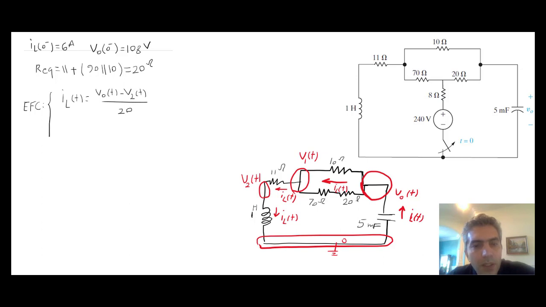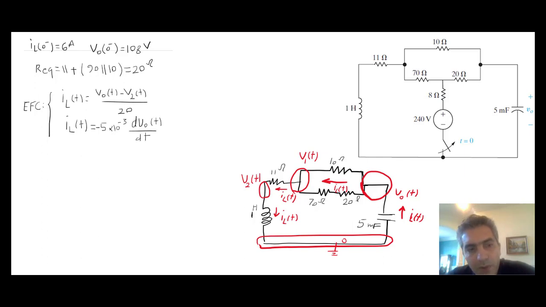For the capacitor, ILT, it's called IL, but that's just a name. It's the same current that's passing through the capacitor, is equal to 5 times 10 to the minus 3, which is the value of the capacitance, d. Now, it's going from here to here, so it would be 0 minus V out T. So the minus V out T, I'm going to put that minus sign right there, the V out T dt.